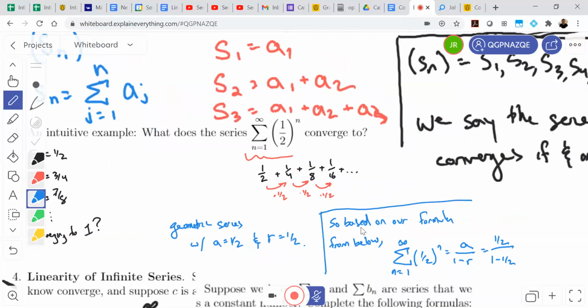So this is in fact exactly equal to 1, as we were hoping.